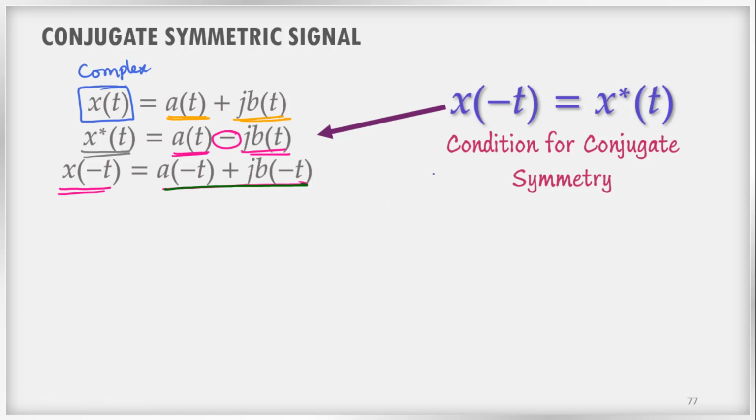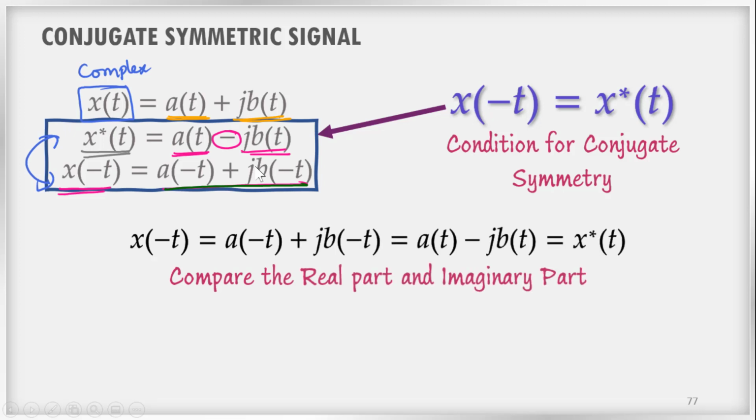Now conjugate symmetry says that these two are equal, so we can write them on the LHS and RHS of an equation. So x of minus t, given as a of minus t plus j into b of minus t, is equal to x asterisk of t, the complex conjugated signal, which is a of t minus j into b of t.